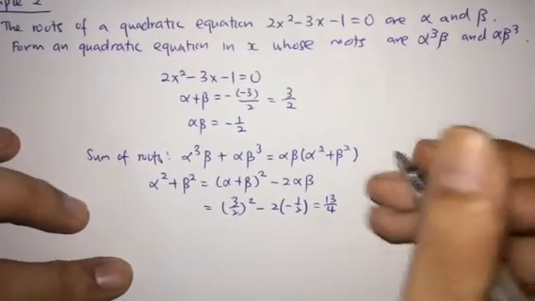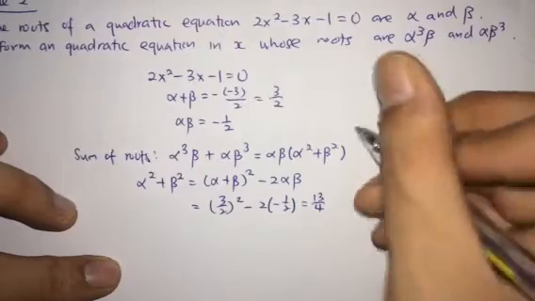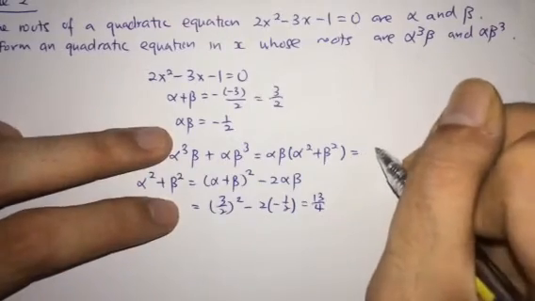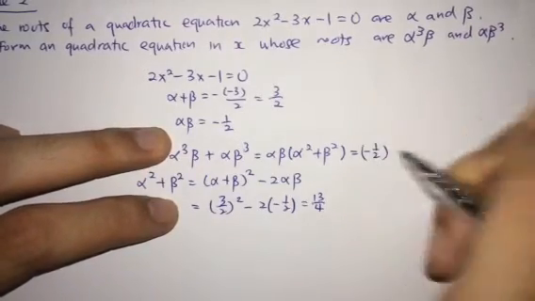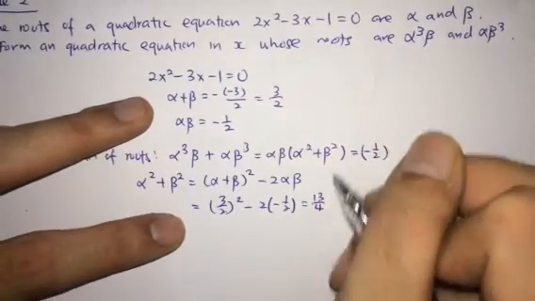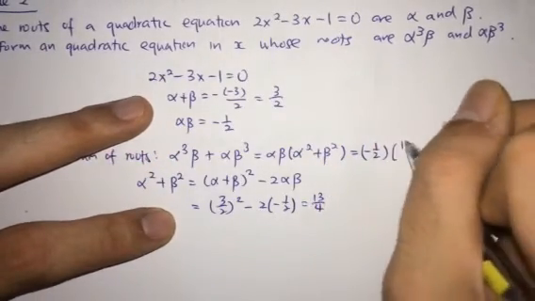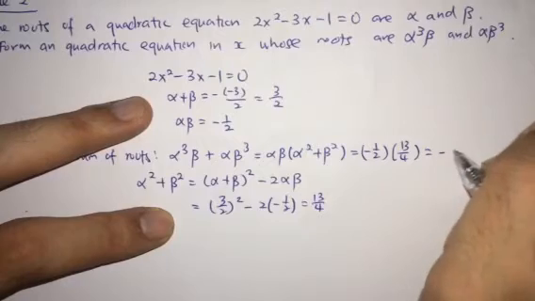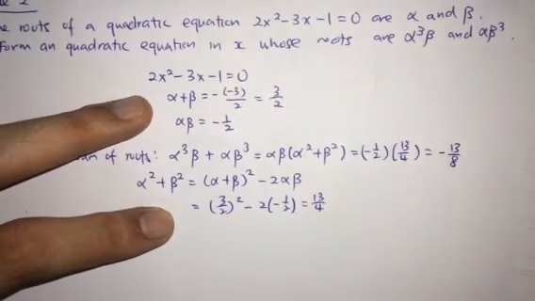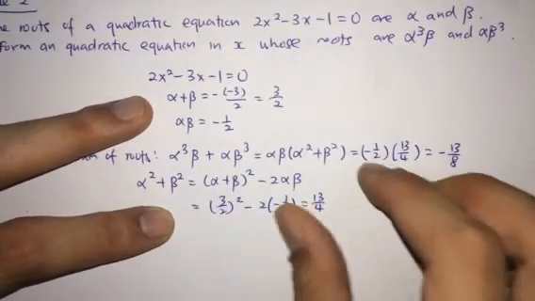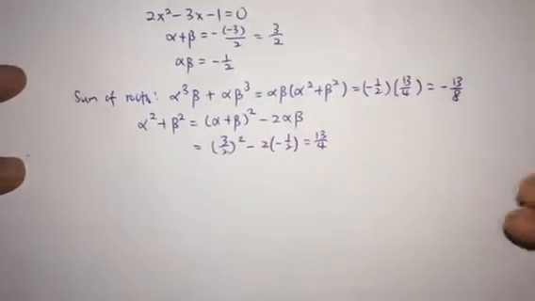So, back to this question. Substituting alpha beta inside, we have minus half multiplied by alpha squared plus beta squared, which we found just now is 13 over 4. This gives me minus 13 over 8. Now, let's find the product of roots.